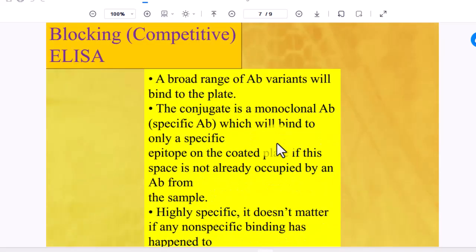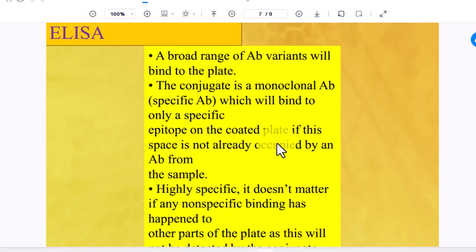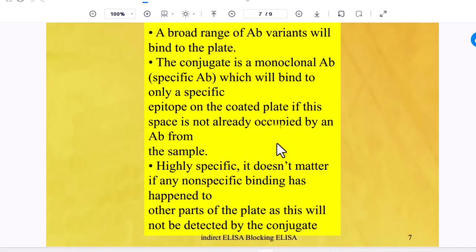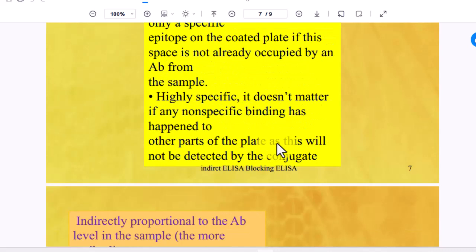In competitive ELISA, a reverse occurs. A broad range of antibody variants will bind to the plate. The conjugate is a monoclonal antibody, a specific antibody, which will bind to only a specific epitope on the coated plate. If this epitope is not already occupied by an antibody from the sample, it is highly specific.